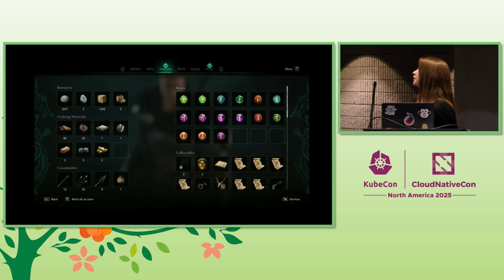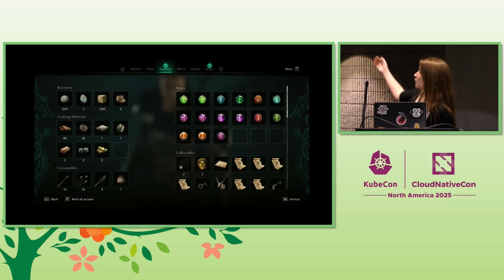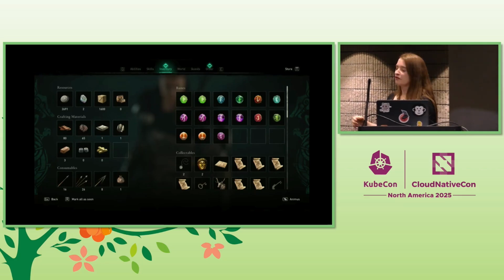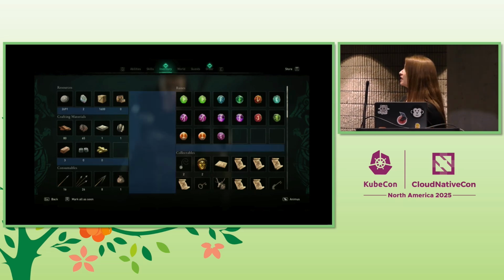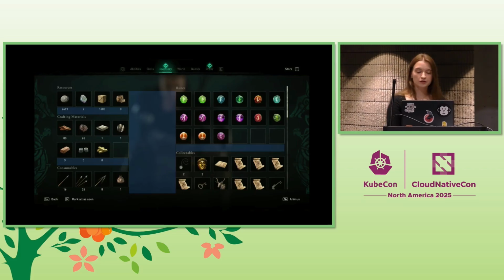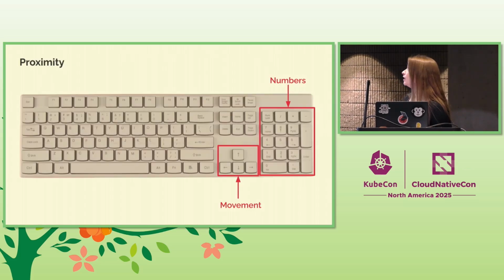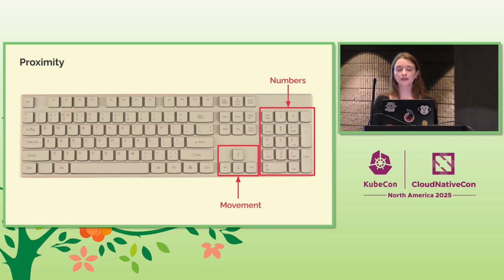And you've seen this, for example, in games. I like gaming, so in inventories, you always have a lot of elements, and just by playing with a bit of spacing, you can already categorize even if you remove the titles. You've seen this also in keyboards, where some keys are clustered together, so it improves usability and also muscle memory.